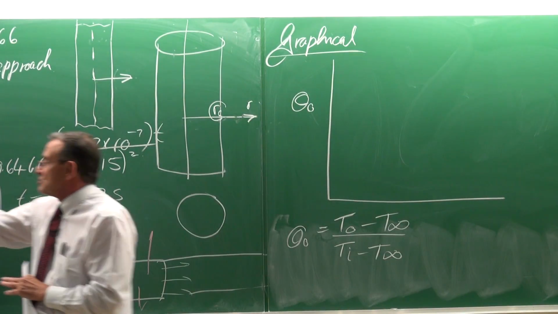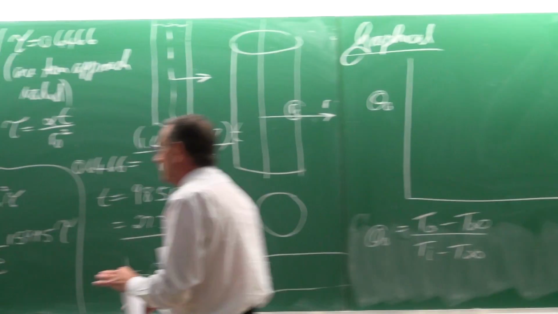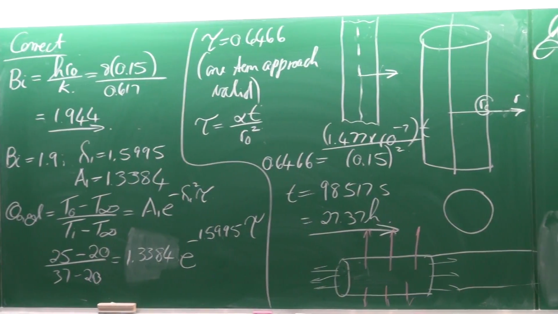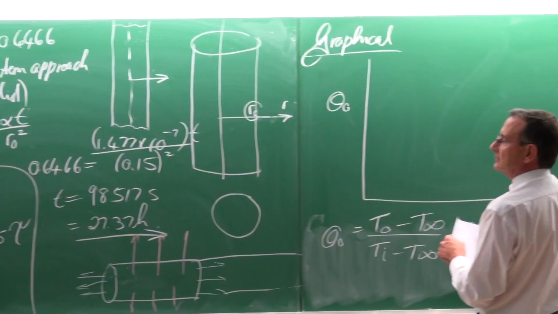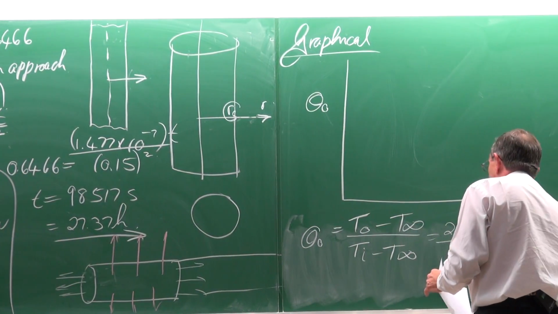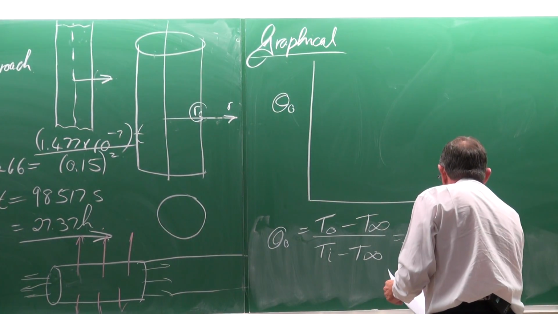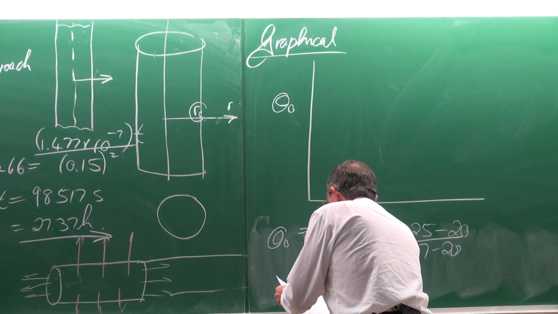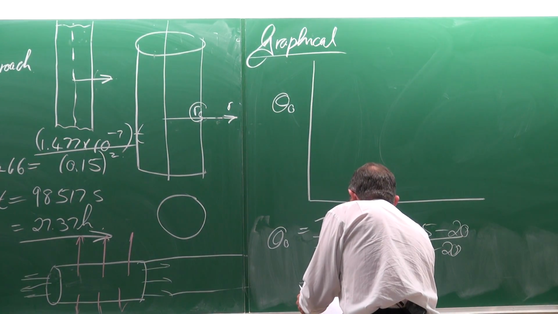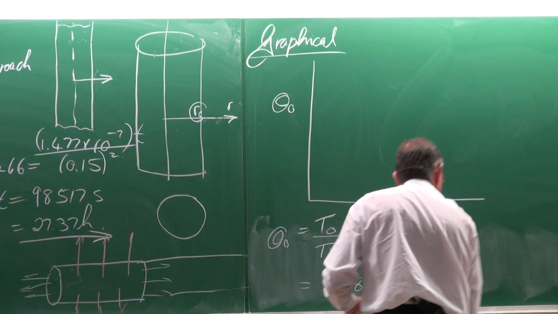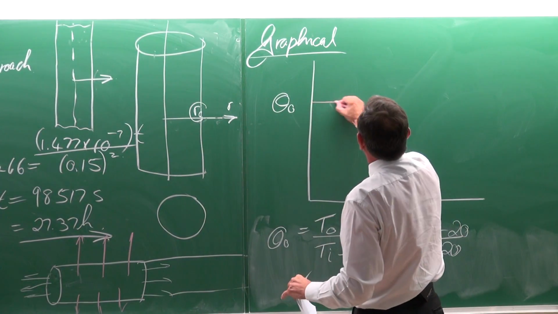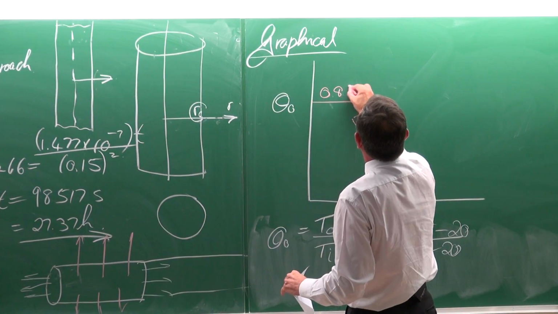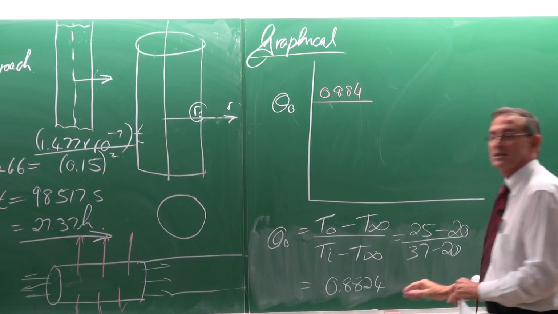And it's the same as what we have calculated here. I hope I didn't make an error, but it should be 25 minus 20 divided by 37 minus 20, which should be equal to 0.8824. So we know that this non-dimensionalized temperature is 0.884.